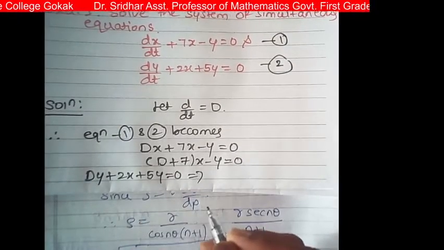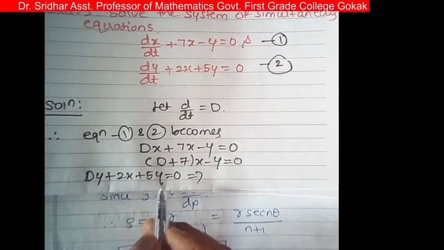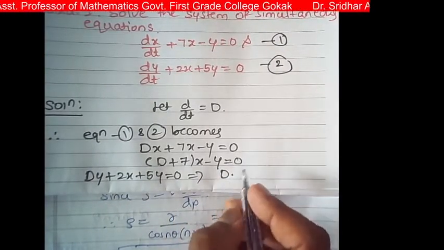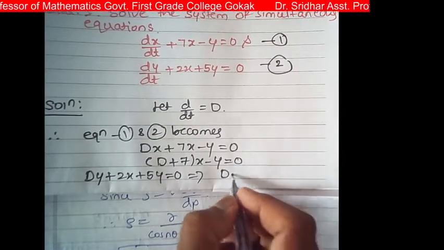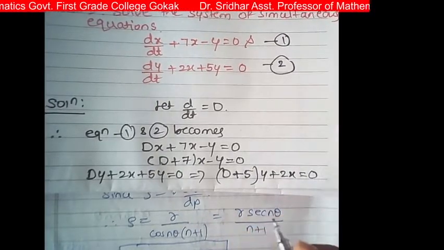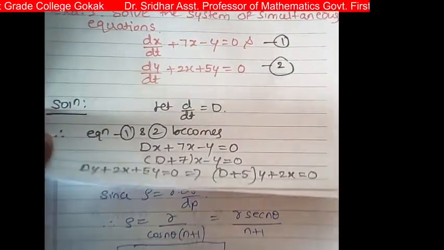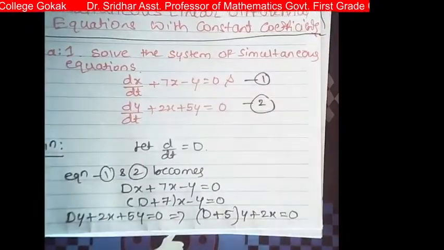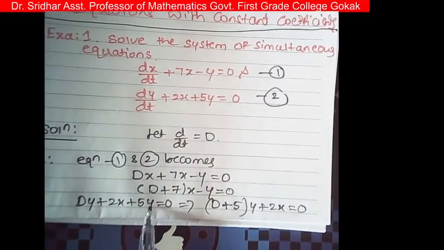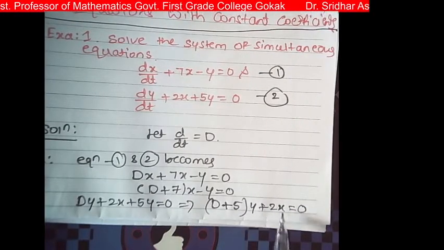Or this implies, in the first and the third term we take y common, which implies (D plus 5) into y plus 2x equal to 0.